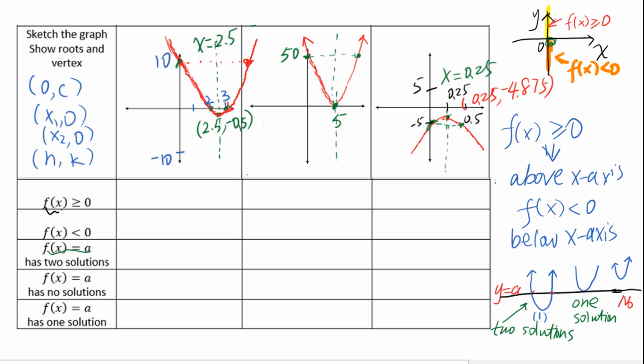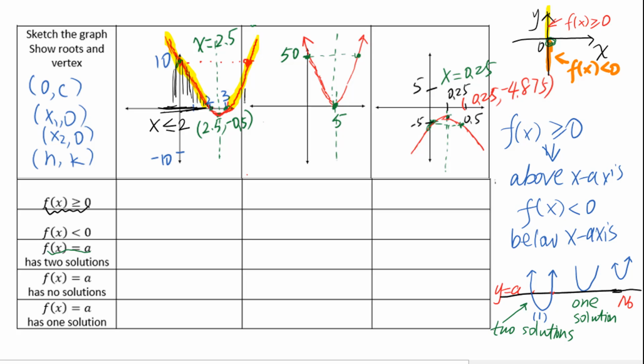Let's go to f of x greater than or equal to 0, which means above the x-axis. The part above the x-axis is this line and this part. On the x-axis, it will be this part, which means x less than or equal to 2.